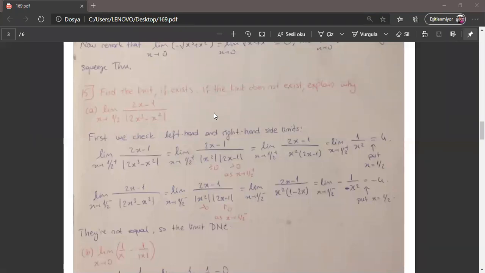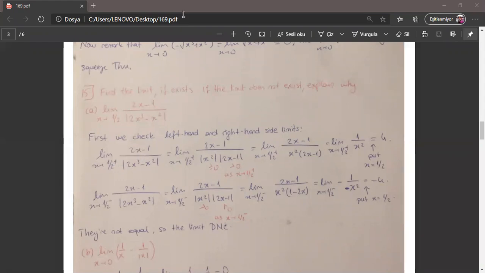Again, we'll find the limits. Okay. So we'll check from left and right first. Here we have the function 2x minus 1 over the absolute value of 2x to the 3 minus x squared. So what happens when we are approaching 1 over 2 from the right hand side?